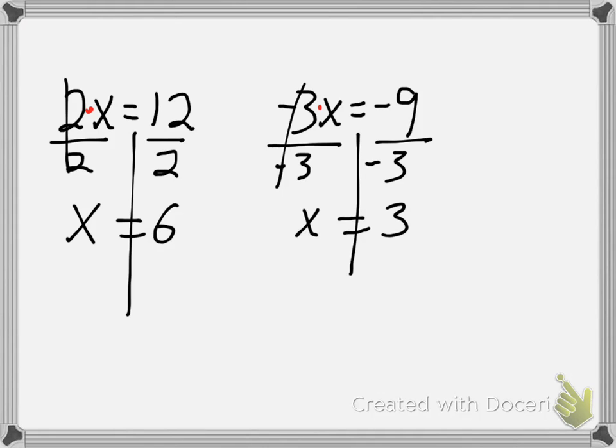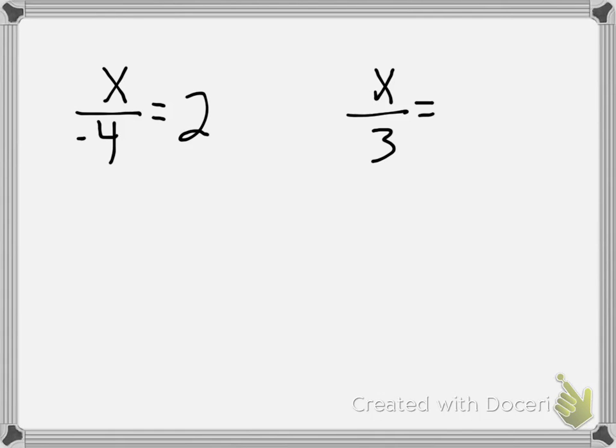Alright, we're going to clear the screen and look at some of the division ones. Let's say x over negative 4 equals 2. And let's say x over 3 equals negative 4. For both of these, the x happens to be on the left-hand side.